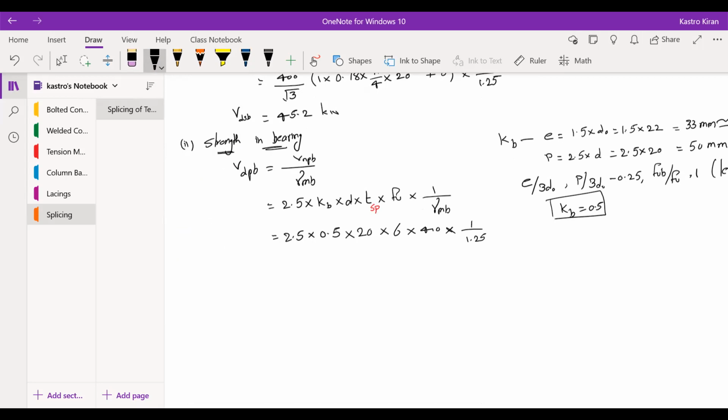When you solve this, you are going to get the answer as 48 kilonewtons. So this is VDPB.